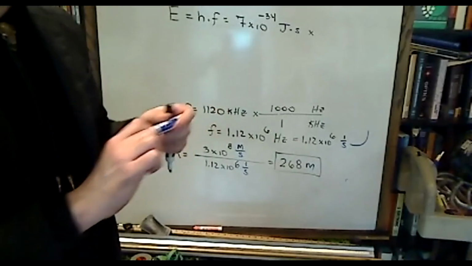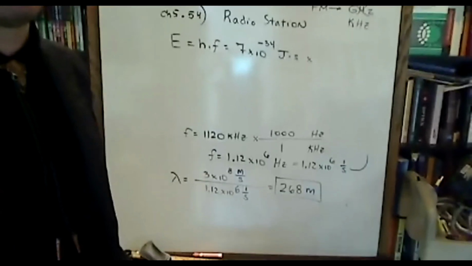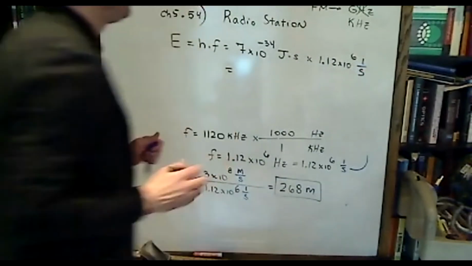Okay. So what am I putting in for my frequency here? 1.12 times 10 to the 6 per second. I like the way you said that. And what does that give us?